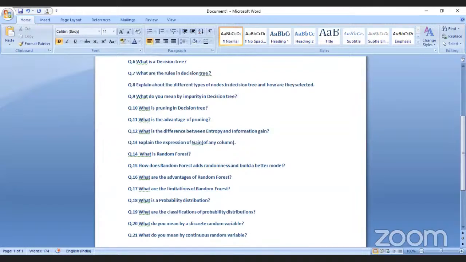So we know the range only, and the values will be lying within that range. But it can be any value from that range only. It is infinite and uncountable. So we can have infinite values from that range. So those values will be continuous values. That variable we can call a continuous random variable.